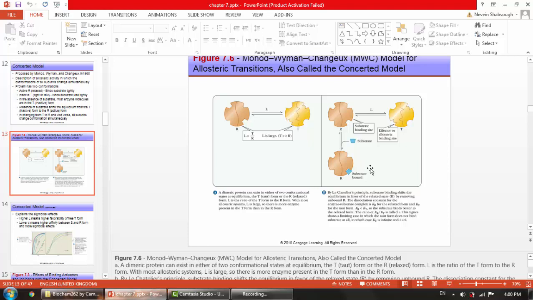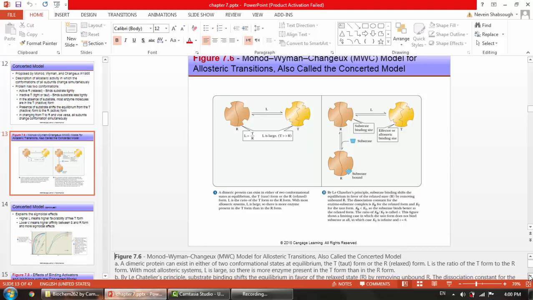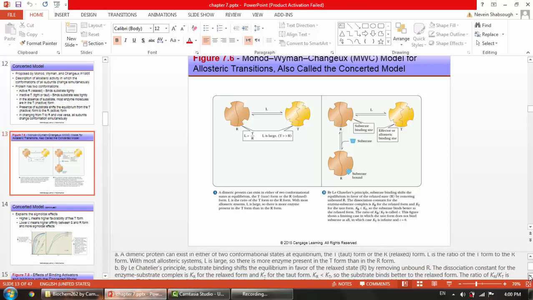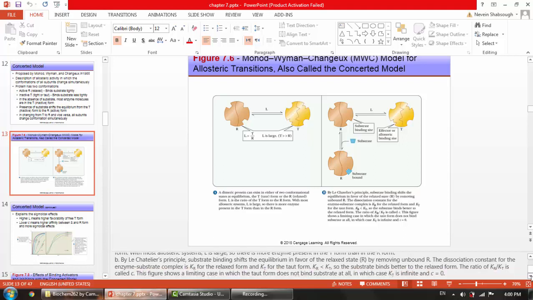Also here we want to define two things: the enzyme-substrate complex dissociation constant Kr, and the enzyme-inhibitor dissociation constant called Kt. Now always Kr is less than Kt.